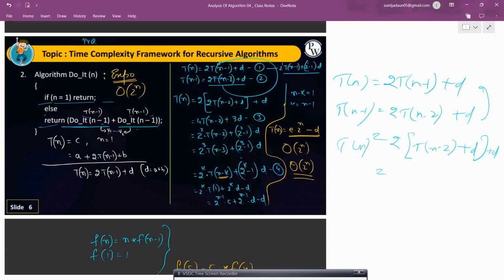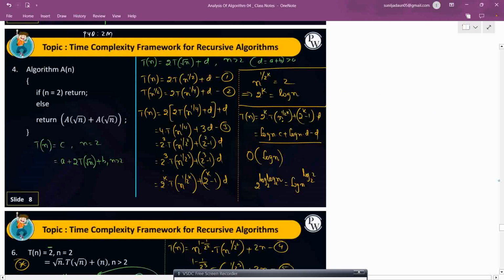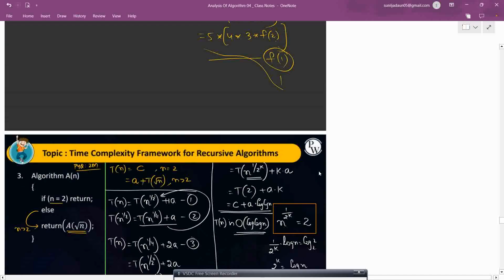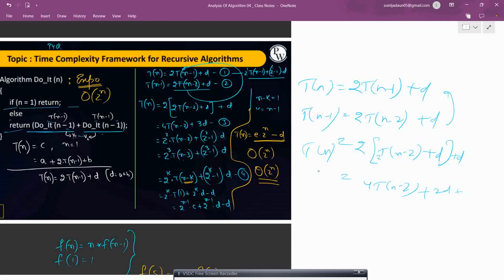What would it be? 2 T(n minus 2) here, 4 T(n minus 2) plus 2d plus d. Yes, this d.